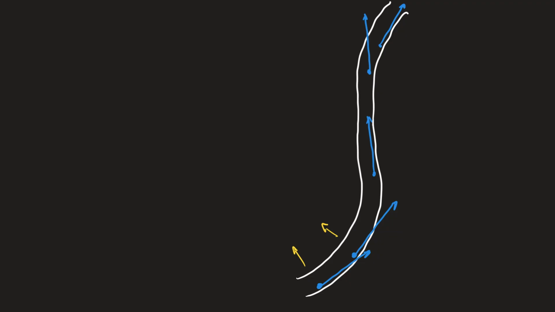But when your path is curved, there has to be an acceleration in the direction of the path. So the acceleration we're talking about here is that centripetal acceleration that we talked about a couple days ago, but we call this velocity the tangential velocity because it's always tangent to your path.